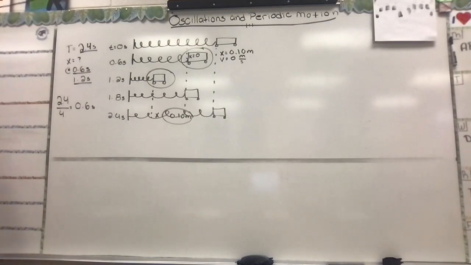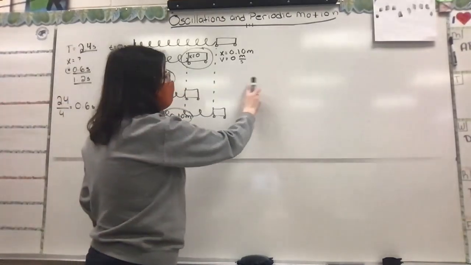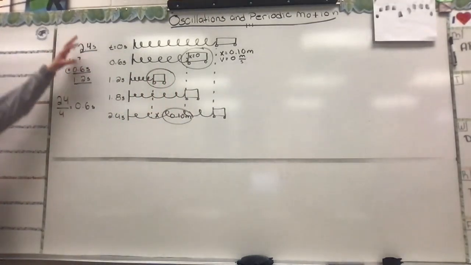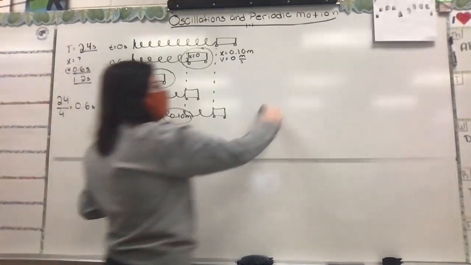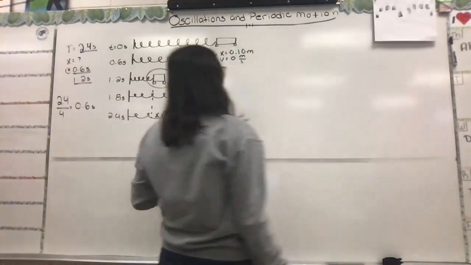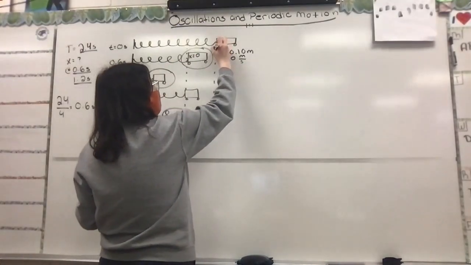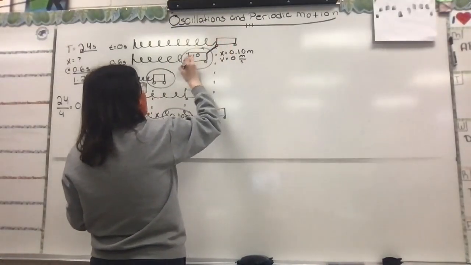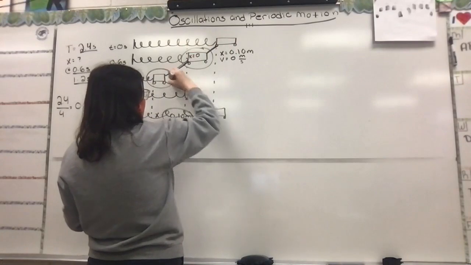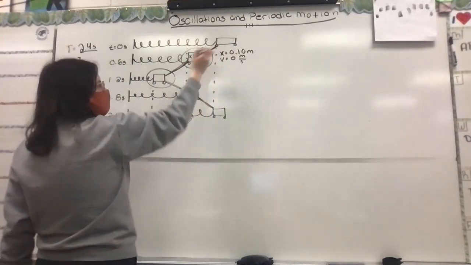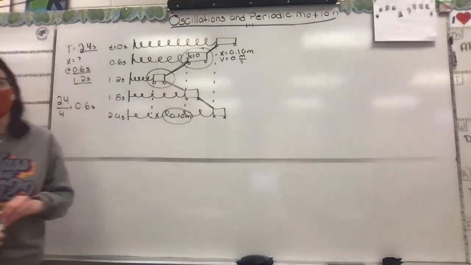Okay, you guys, listen up. Why we divided by 4 is because previously, when I had the big example up here and we had the waves drawn, you guys pointed out to me that from here to here, and from here to here, it's not 4 cycles. This is all one cycle, but there's 4 segments within the cycle.